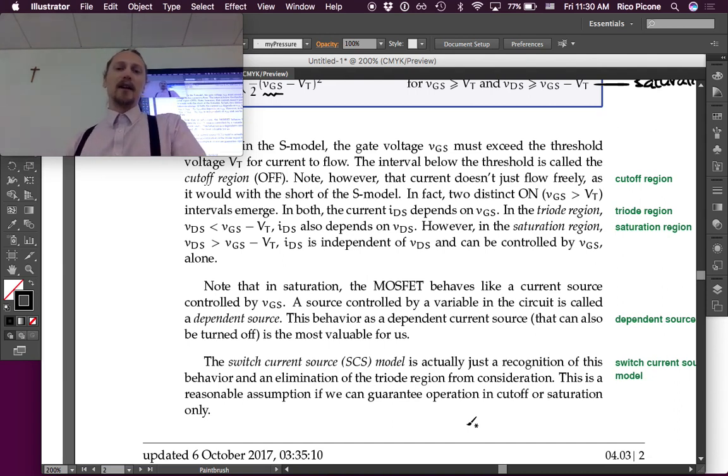So it's actually just a recognition of this behavior of an elimination of the triode region from consideration. So we're just going to ignore the triode region, and we're going to treat this thing as a dependent current source that can be turned on and off. And that's what the switch current source model does. It's a reasonable assumption if we can guarantee operation in cutoff or saturation only, and that we're never going to go into triode, or if we do, it doesn't matter what happens.